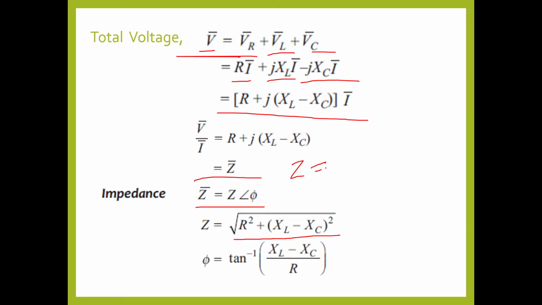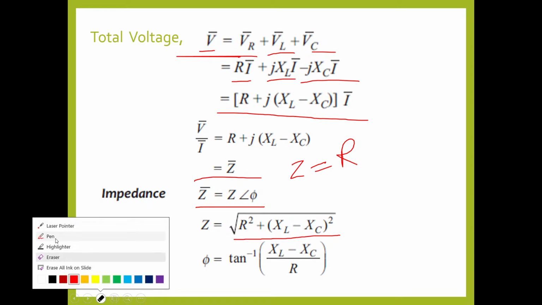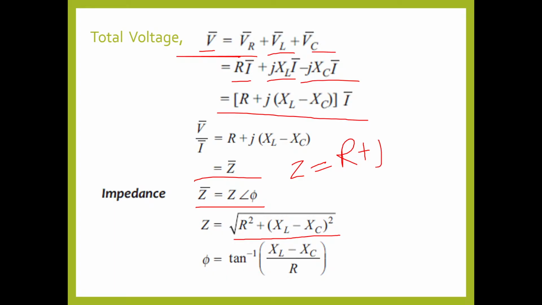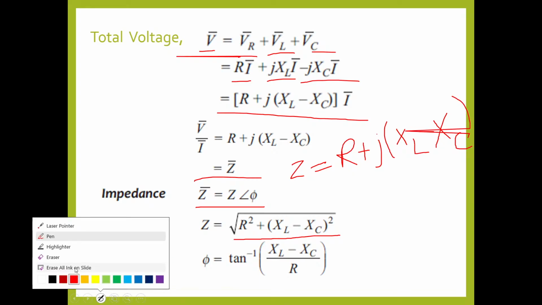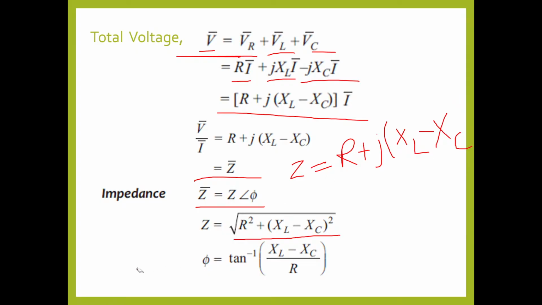So Z is equal to R plus J (XL minus XC). Okay, so R plus J (XL minus XC), you can write its magnitude as Z square equals R square plus (XL minus XC) square. Okay.